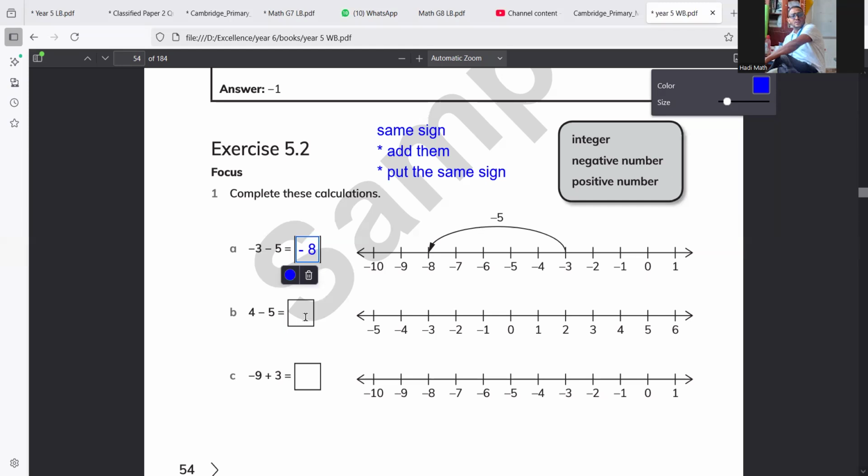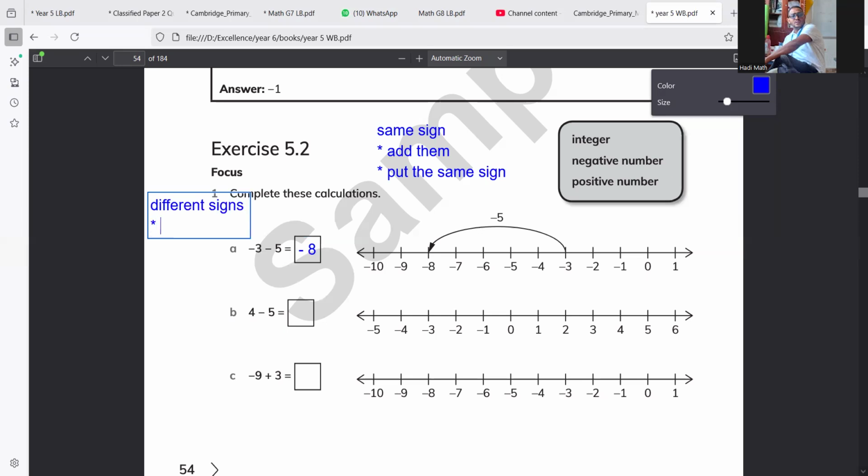4 minus 5. You can see 4 is positive and 5, you look on the left, it has minus. That means 5 is negative. When they are different signs, we call it different signs, you do different steps.